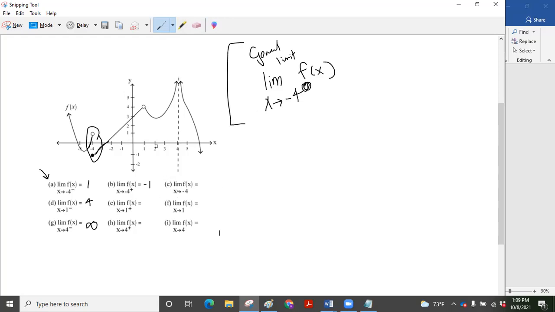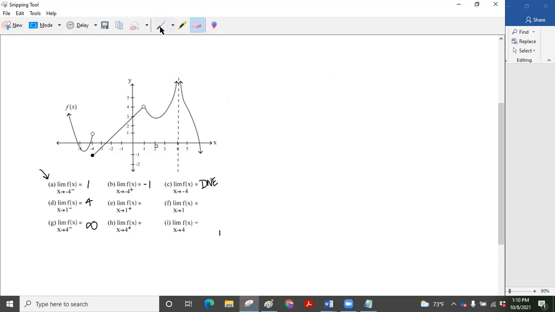So I'm going to say that the limit as x approaches -4 of f of x does not exist. Whenever the subscript is not specified, make sure you check the one-sided limits, both from the left and from the right. If they don't match, just say that it doesn't exist.